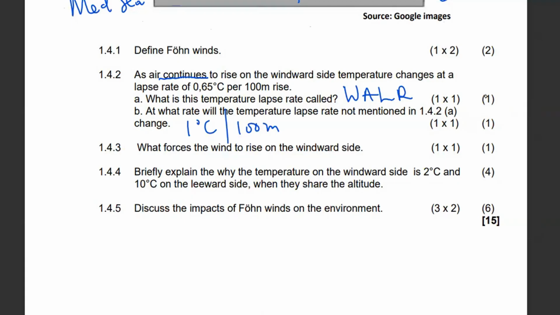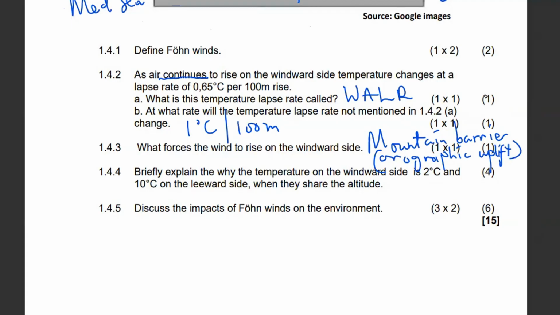The force is the mountain barrier. Because there's a mountain, it forces the wind to rise, or in simple terms, it's orographic uplift. Because there is an orographic feature, it forces the wind to rise.